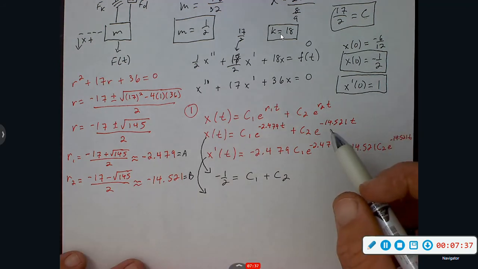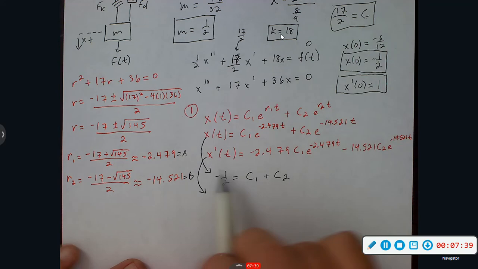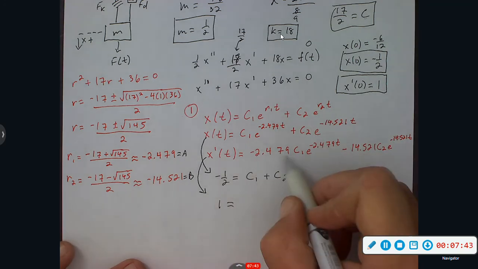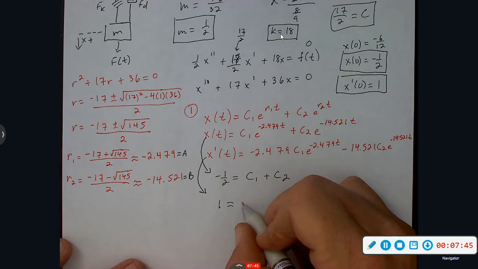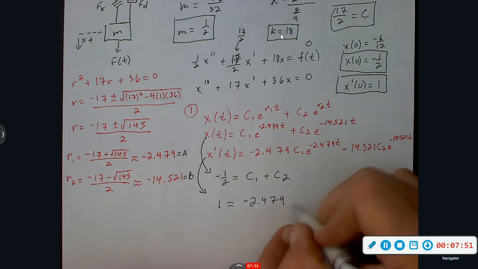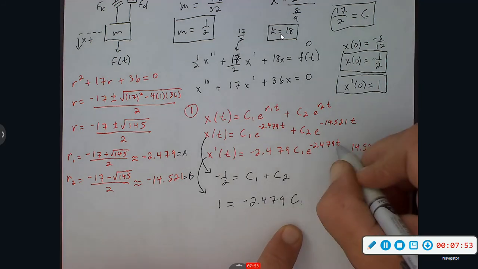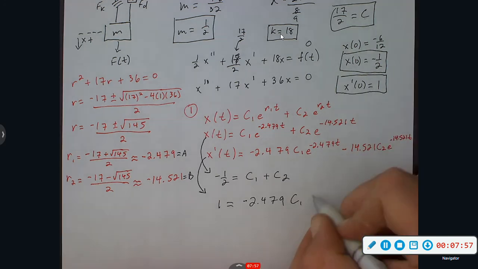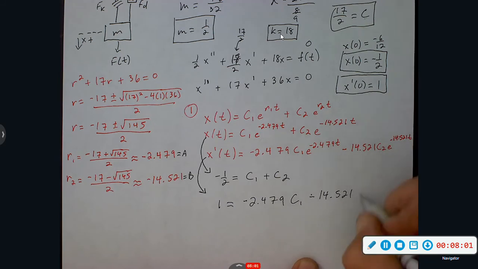The second equation is going to be 1, negative 2.479 C1, again, that's going to go away once you plug in 0, it's e to the 0, which is 1, minus 14.521 C2.